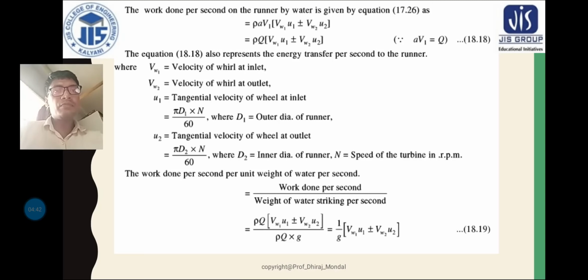Now rho Q vw1 is the whirl velocity at inlet, and u1 is the tangential velocity of the wheel at inlet, and plus minus vw2 u2. This is the equation ultimately obtained. From the impact of jet chapter, this lecture is already provided on my YouTube channel, DM Study Center.